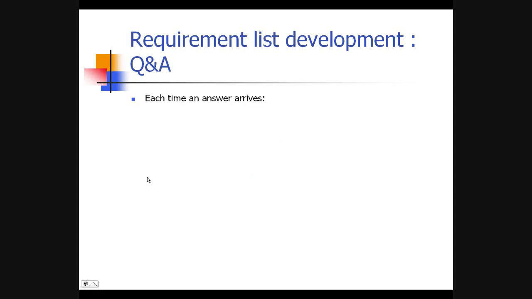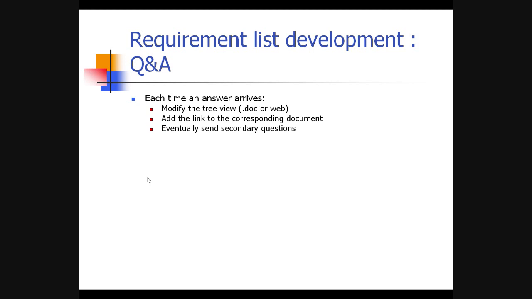So of course, each time an answer arrives, you have several things to do. Modify the tree view, either being it a doc, a Word document, or a web page. Add the link to the corresponding document inside that.